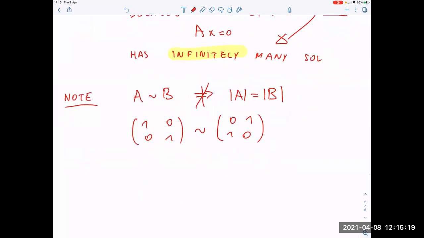But the determinant of the identity matrix is equal to 1, while the determinant of this matrix here you can compute is -1. So it's not true in general that row equivalent matrices have the same determinant. They have the same rank, but they don't have the same determinant.